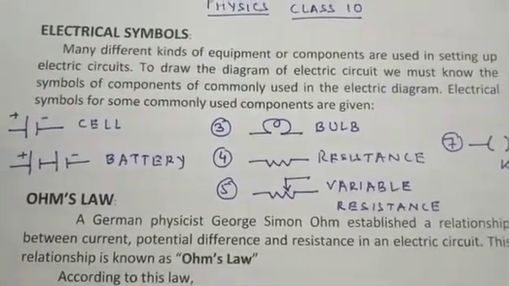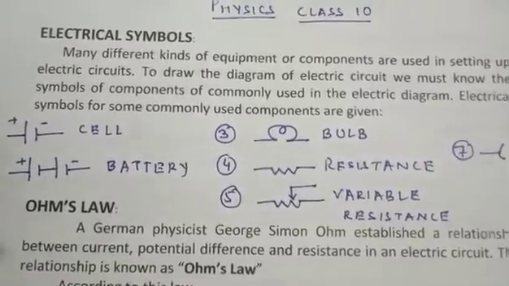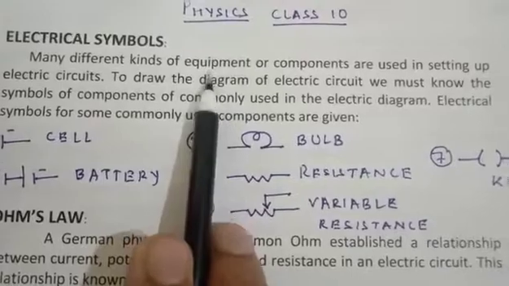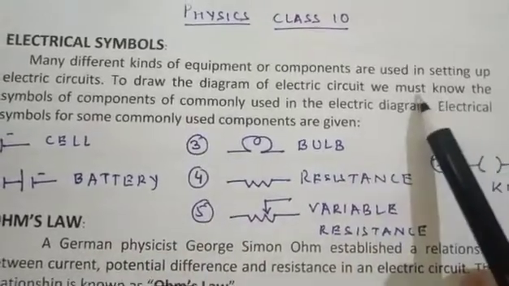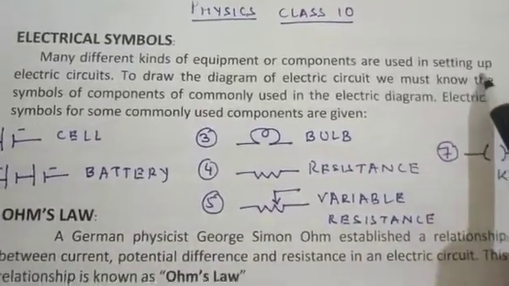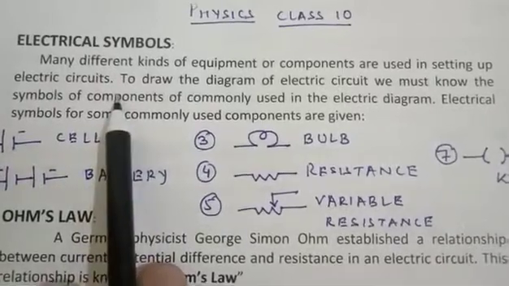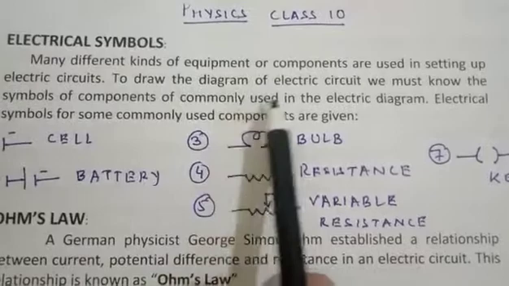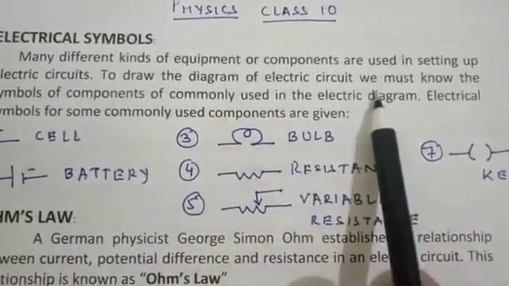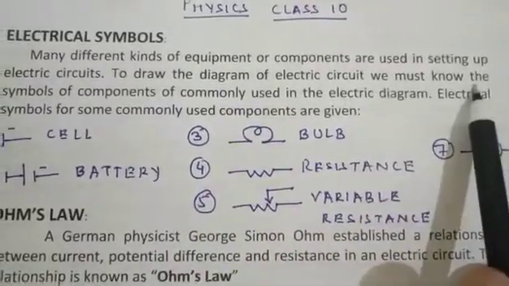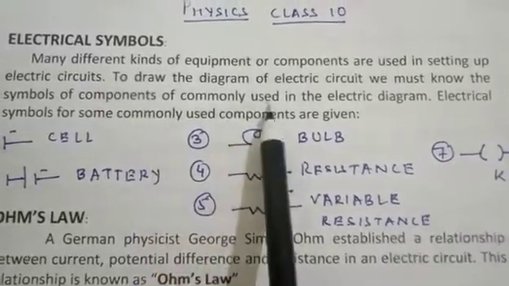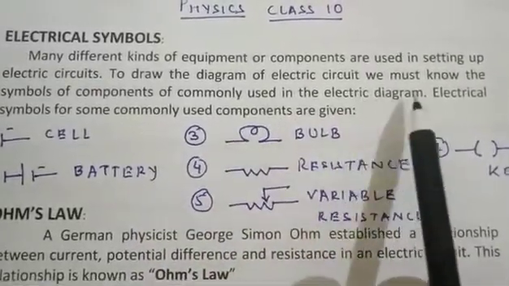The definition is: many different kinds of equipment or components are used in setting up electrical circuits. To draw the diagram of an electrical circuit, we must know the symbols of components commonly used in the electrical diagram.